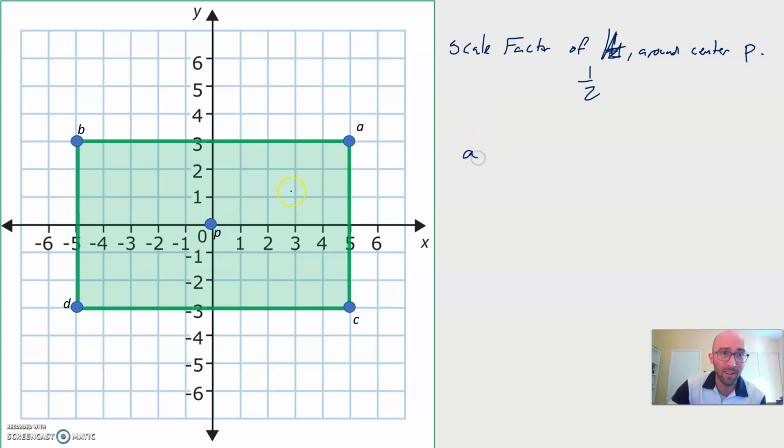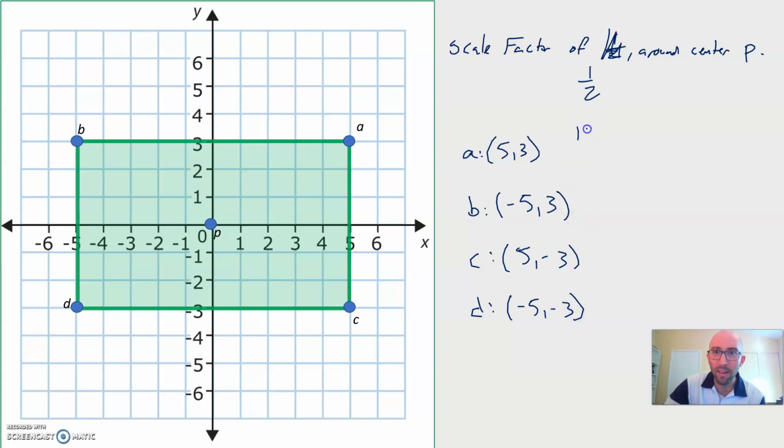That way we just get them down. All right, coordinate A is (5, 3). Coordinate B is (-5, 3). Coordinate C is (5, -3). And coordinate D is (-5, -3).